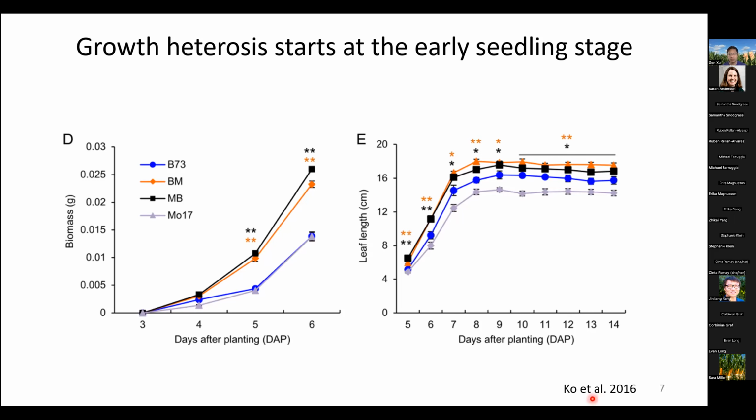In the Kell et al. 2016 paper, they found that after 5 days of planting, the hybrids of B73 and Mo17 show stronger performance than their parental lines for biomass and leaf length. So it tells us the heterosis phenomenon can emerge at a very early stage of plant growth.